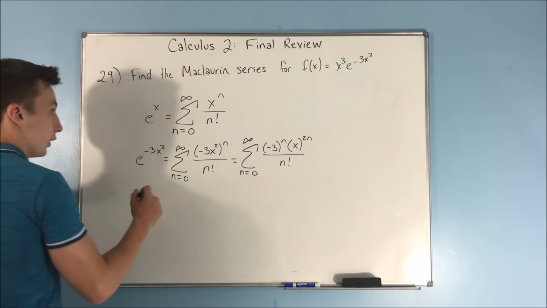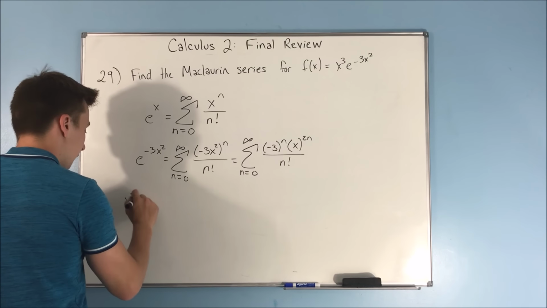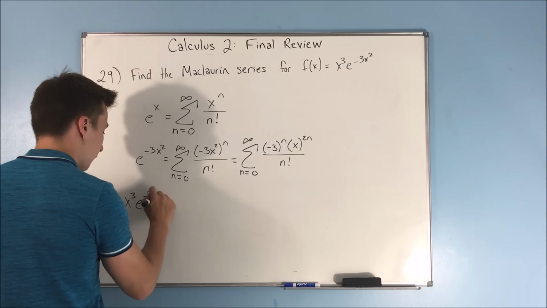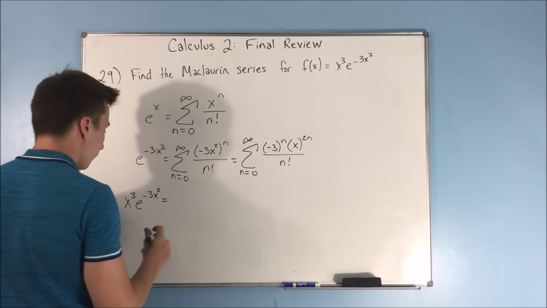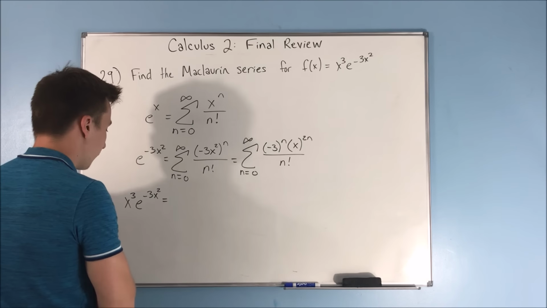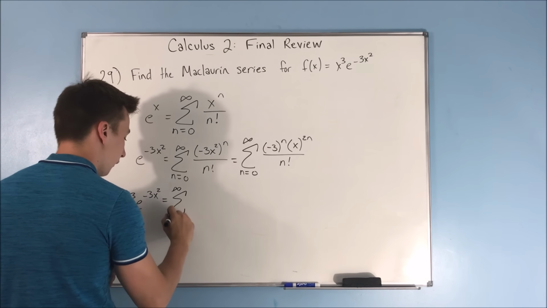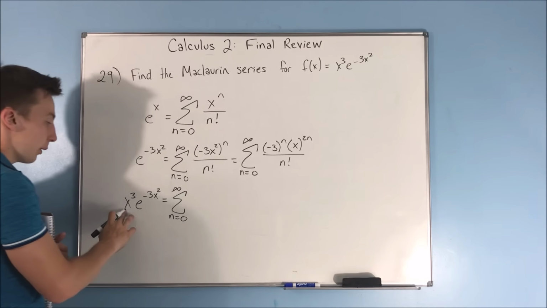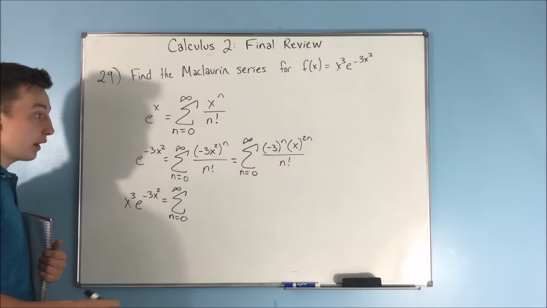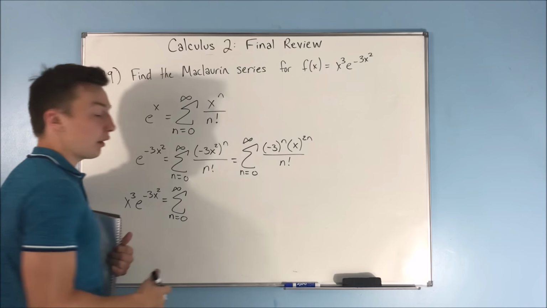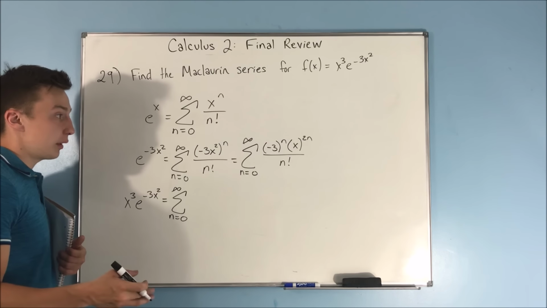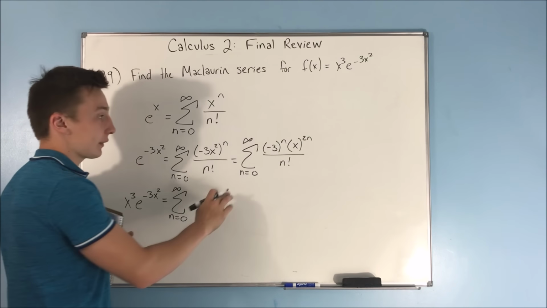Now we can go to our last step here, x cubed times e to the negative 3x squared. That is going to be equal to the sum from n equals 0 to infinity of, now we're just going to multiply through that x cubed. That can go inside the sigma. It's not dependent on n at all, so it doesn't really matter whether we have it inside or outside.